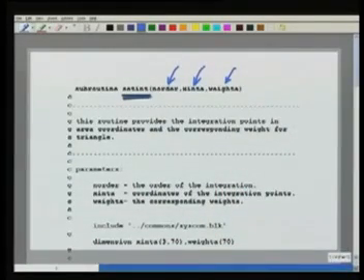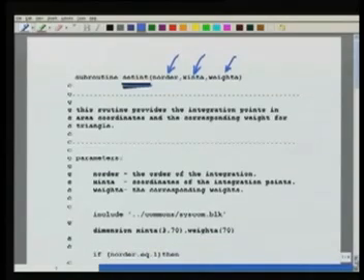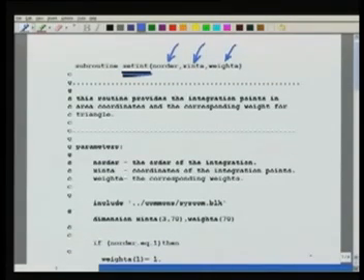Okay. So the way things are arranged here, I have an array giving the coordinates of the integration points, and a vector weight which gives me the values of the weights.